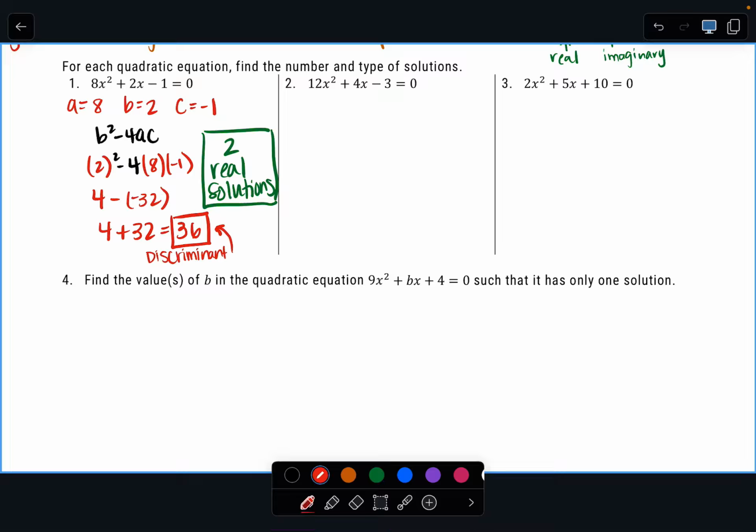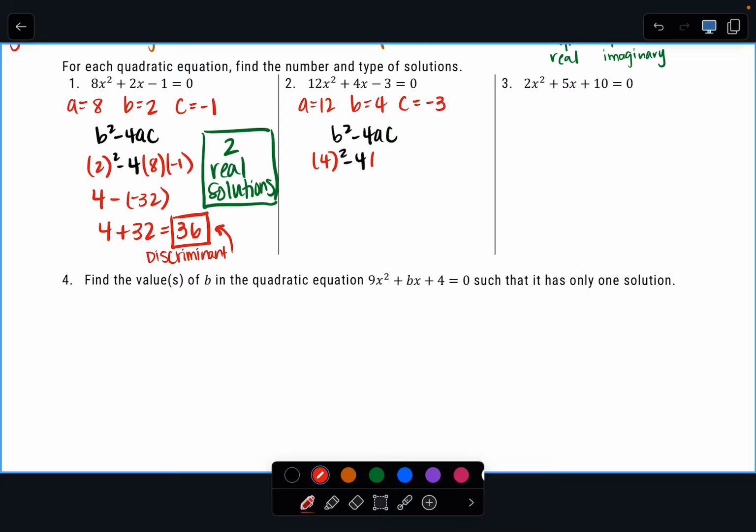Now for number 2, I have a is equal to 12, b is equal to 4, and c is equal to -3. And I'm plugging into the exact same thing, b squared minus 4ac. My b value in this case is 4. 4 squared minus 4.